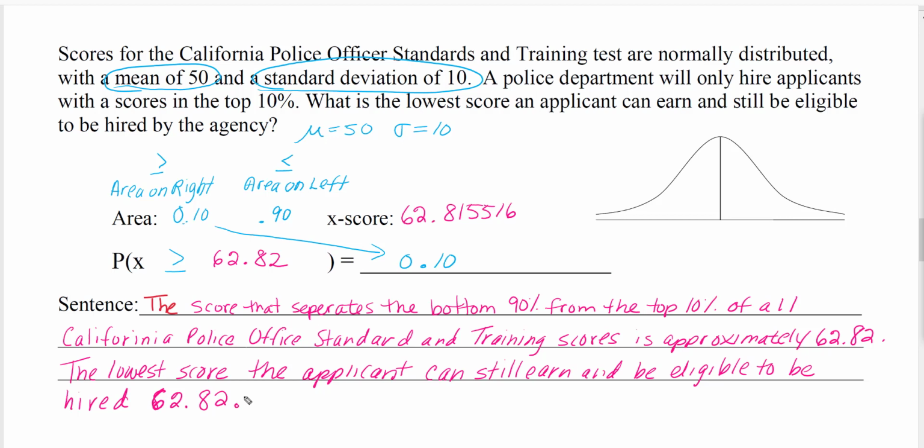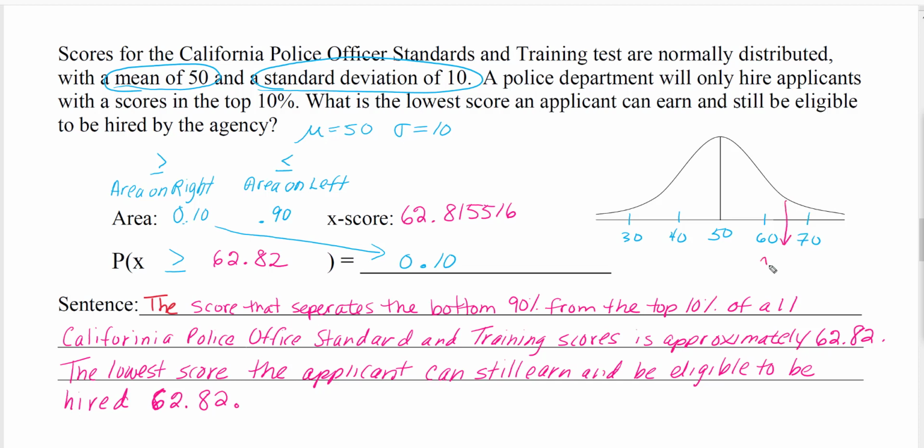To complete a problem, let's go ahead and write it on the curve here. So remember, our mean was 50 and our standard deviation was 10. And so I just add and subtract 10 from our mean of 50, and we get 30, 40, 50, 60, 70 for our scale. And then we're going to have our area on the left is 0.90, and our area on the right is 0.10, with our x-score being 62.82.